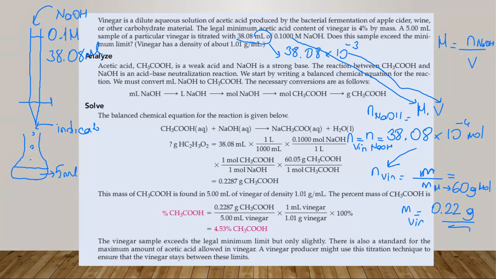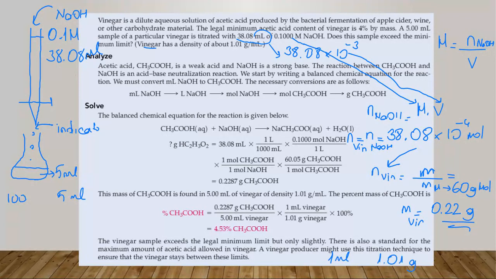The 5 milliliters is 100%, but we have here vinegar with a density of approximately 1.01 gram per milliliter. That means 1 milliliter is equal to 1.01 gram.